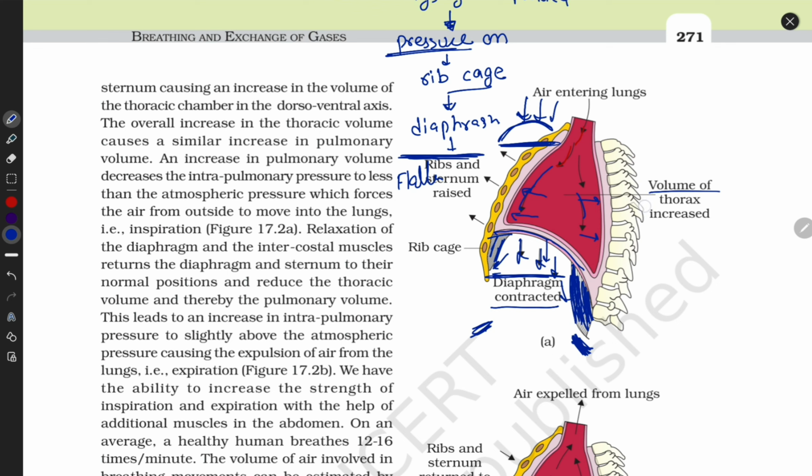Clear, guys? The volume of the thorax is increased after air enters the lungs. Ribs and sternum are raised because they expand. We can feel it if we inhale: our chest cavity increases. And after we expel air, our lungs contract and our chest goes down.